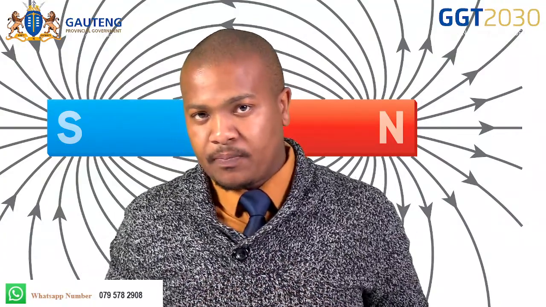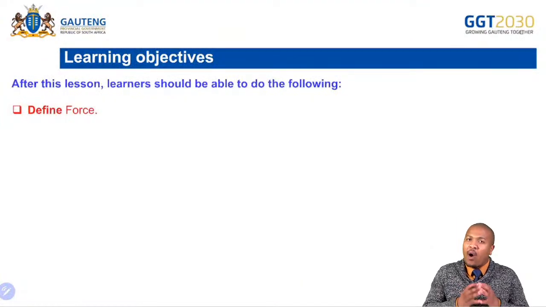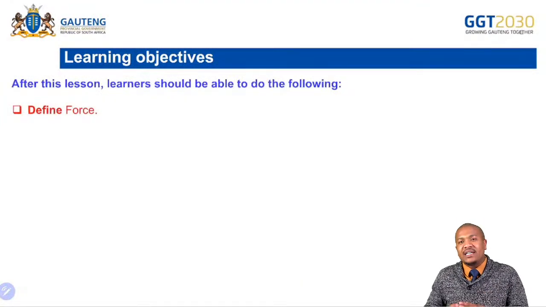So let's quickly look at our lesson objectives for the day. These are the things that we should achieve by the end of this lesson. We need to be able to define force, to tell the next person what force means.